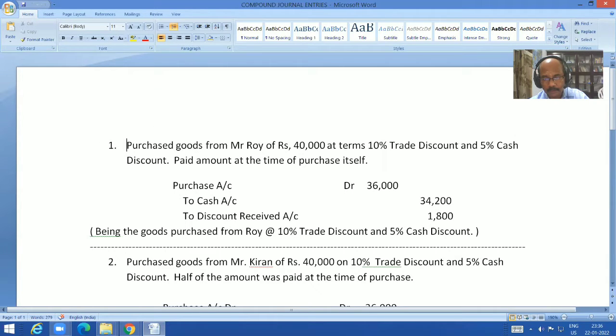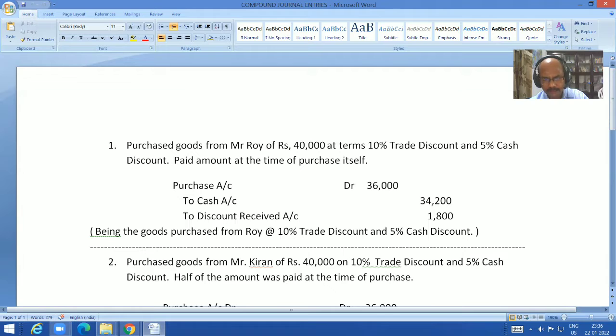You may say there are two varieties of discount, trade discount and cash discount. My students, trade discount is never accounted. Hence only cash discount. When we purchase, discount will be received. When we sell, discount will be allowed.